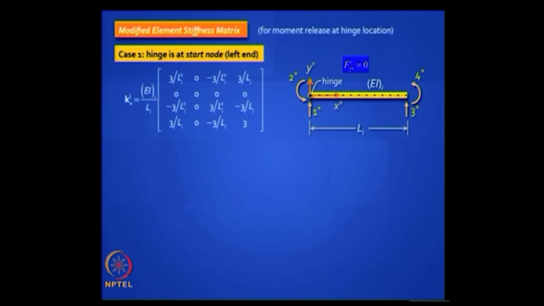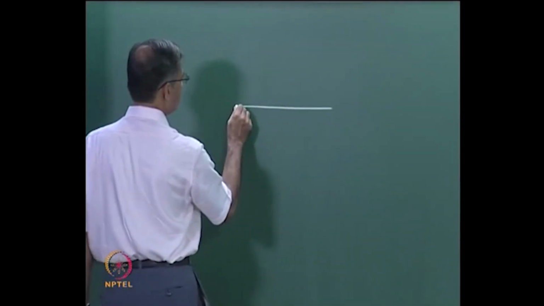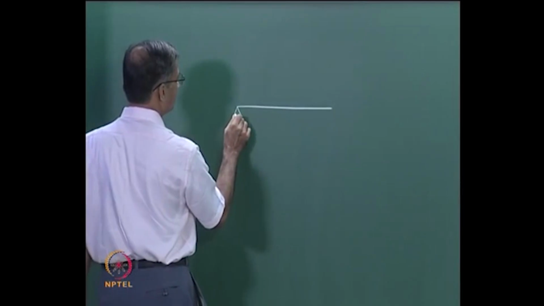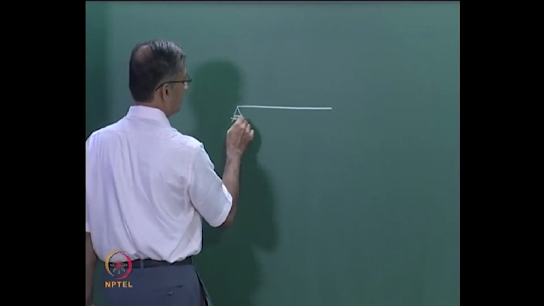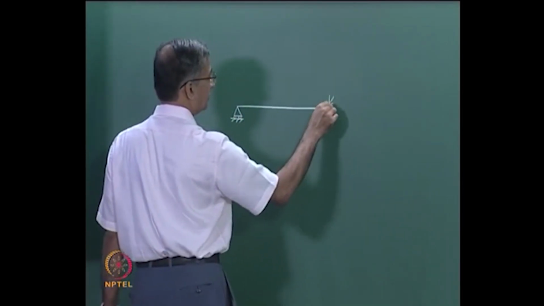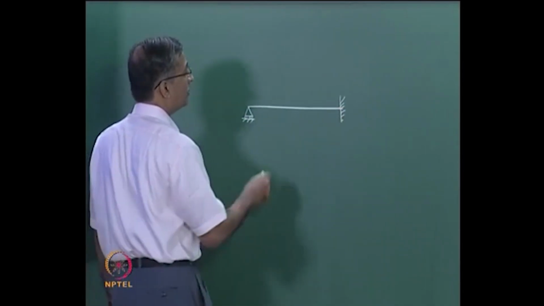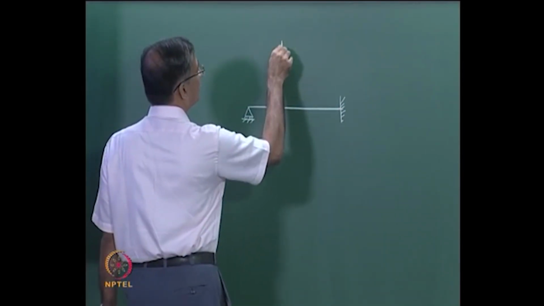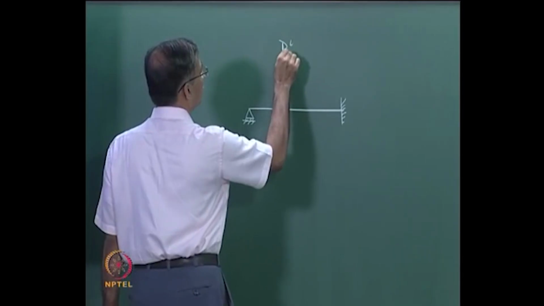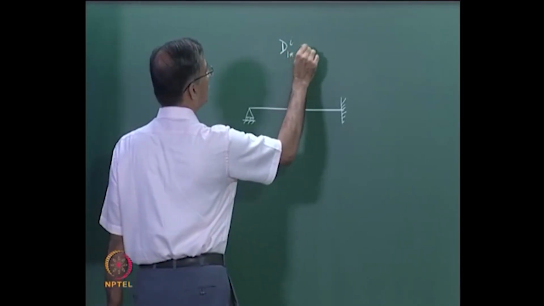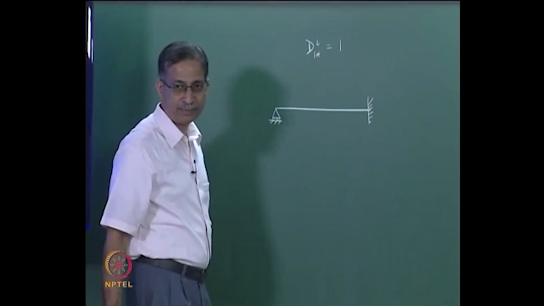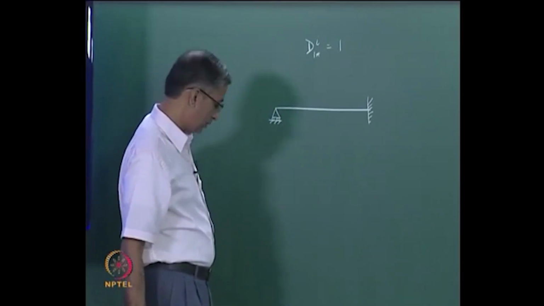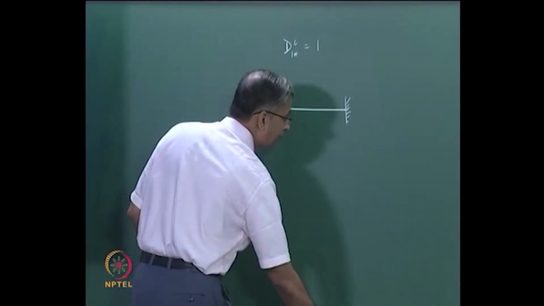So let's take a look at that. This is a hinge, this is fixed, and we want to apply d1 star equal to 1. Okay. So what would be the deflected shape?